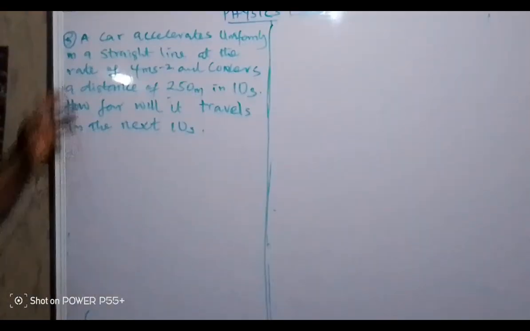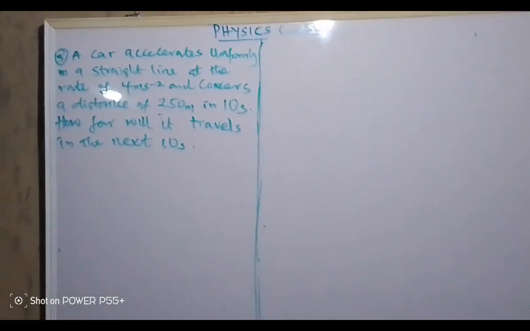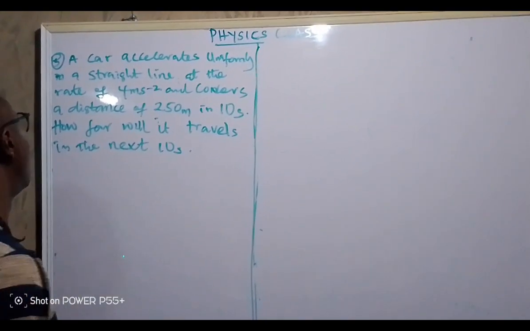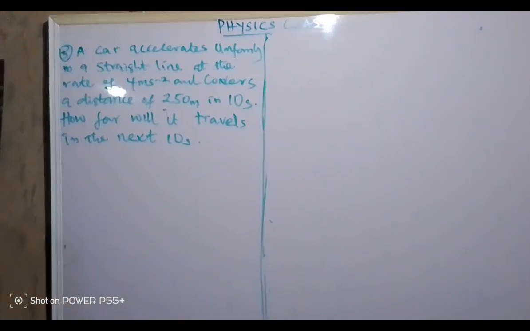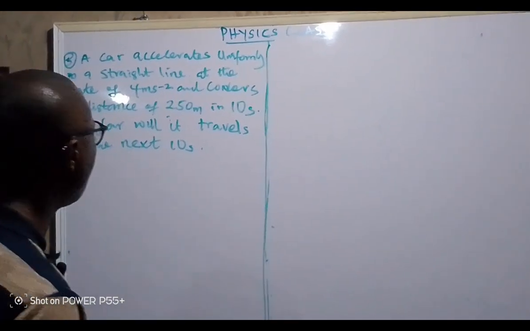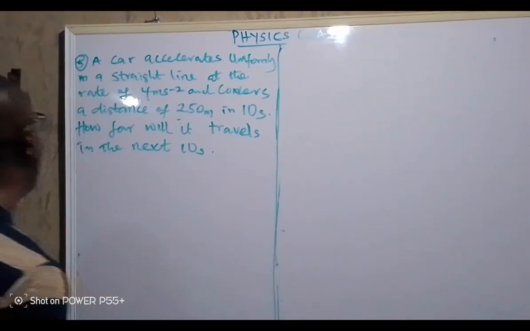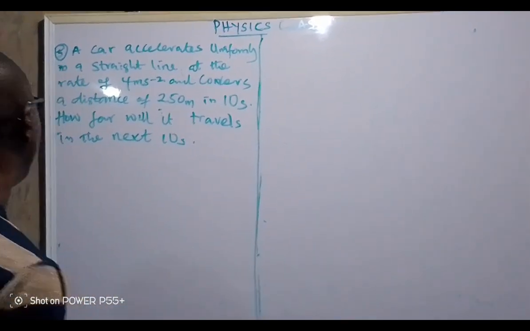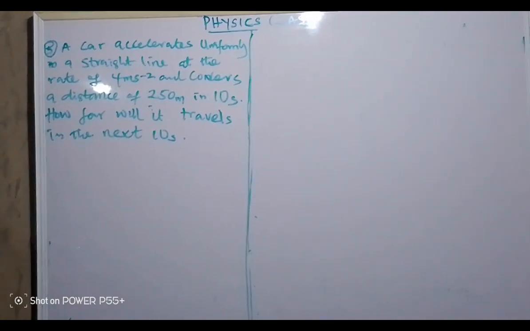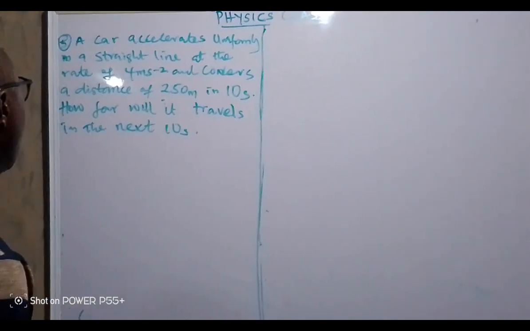Let's take this one as example 5. A car accelerates uniformly in a straight line at the rate of 4 meters per second squared and covers a distance of 250 meters in 10 seconds. How far will it travel in the next 10 seconds?